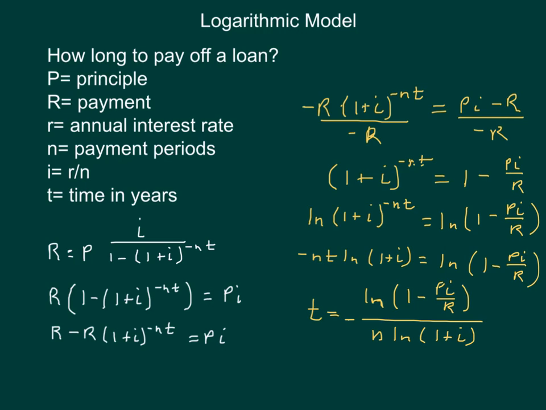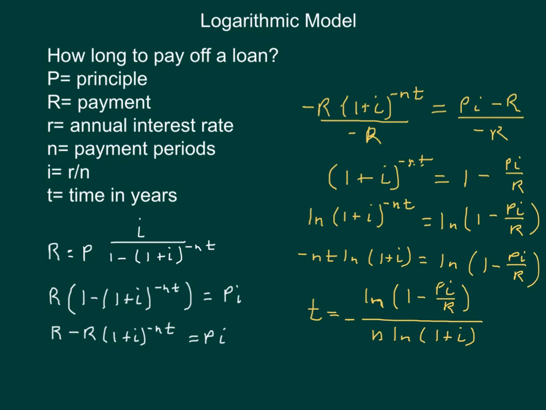And so what I know is that my payment is equal to the principal times I over 1 minus the quantity of 1 plus I to the negative nt power. And so what we're going to do on this one is take this and solve it for t. This one right here looks a lot like the logistic growth model we just talked about.